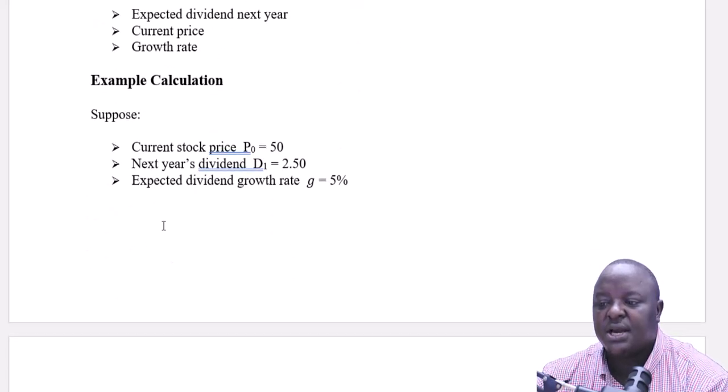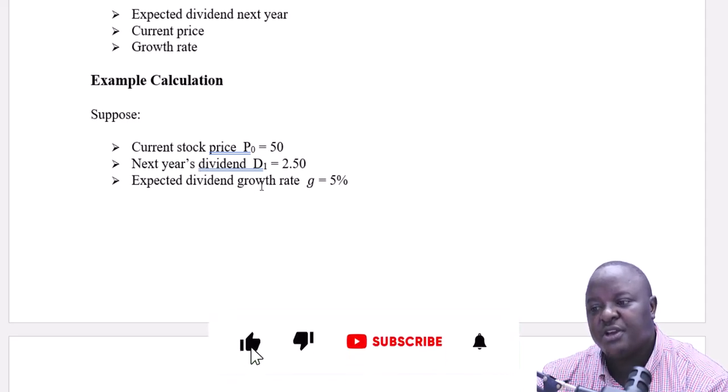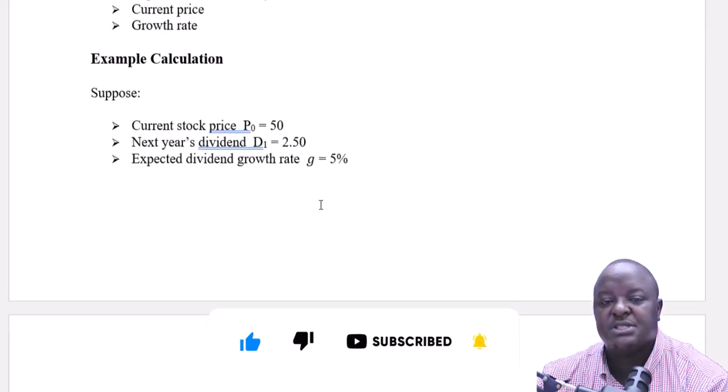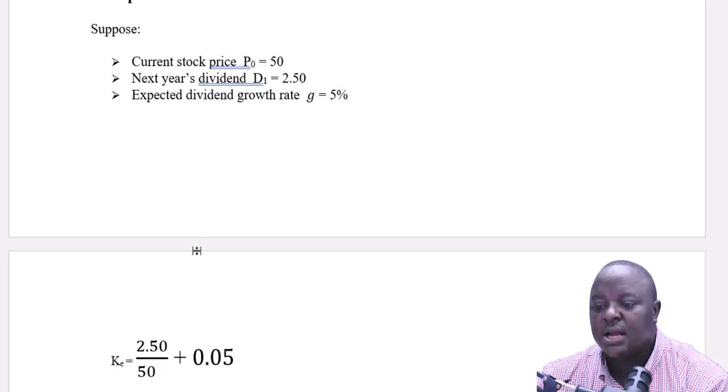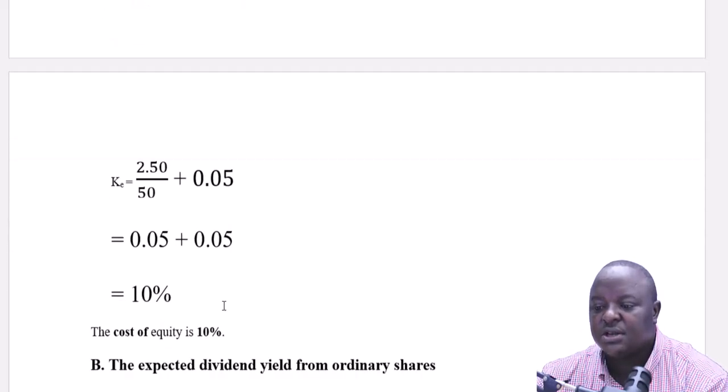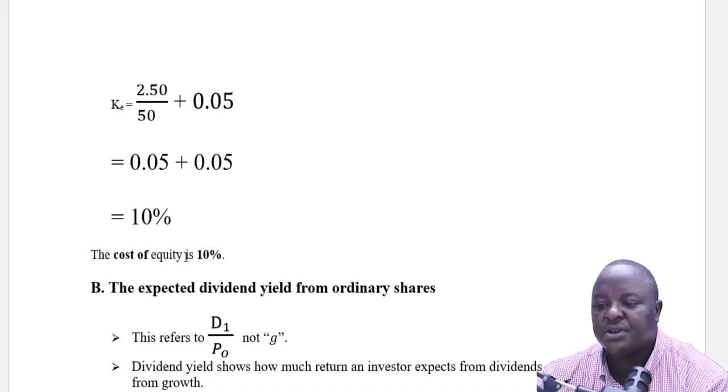For example, suppose the current stock price is 50. The next year dividend will be 2.5 shillings. The expected dividend growth rate is 5%. So if you take the dividends divided by the stock price, plus the expected growth rate, you will get a cost of equity of 10%.